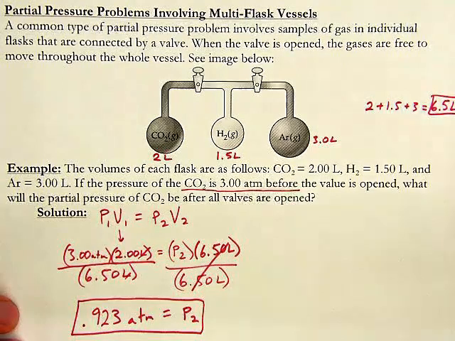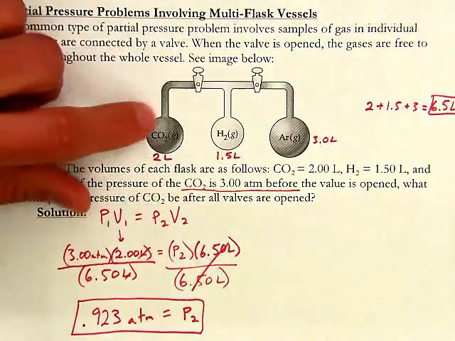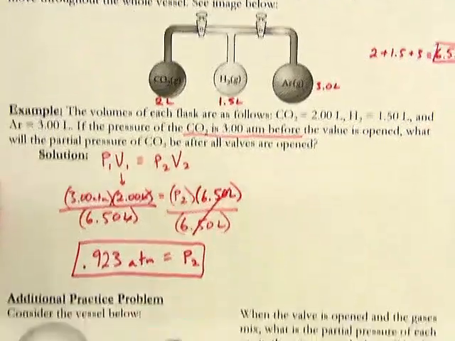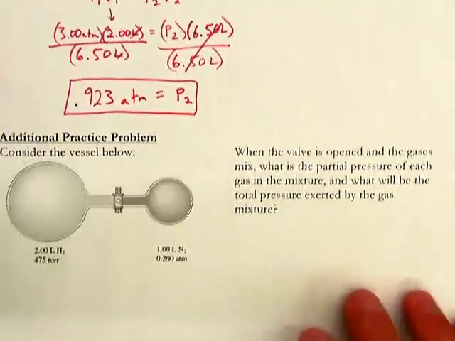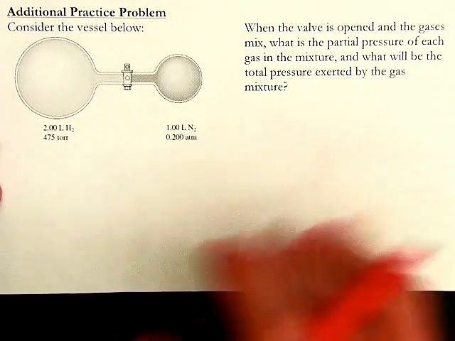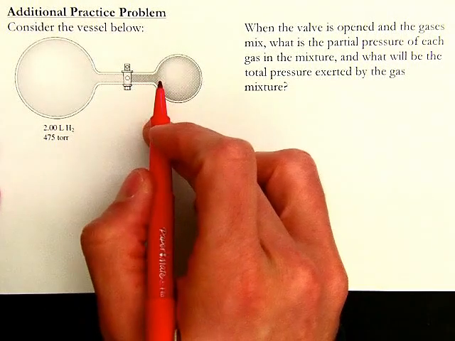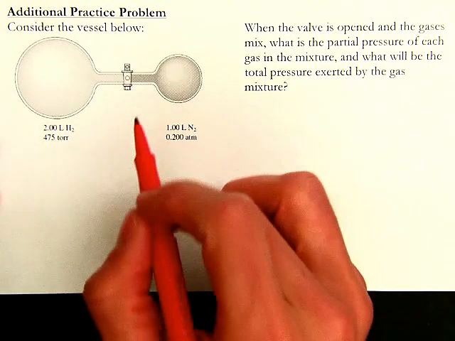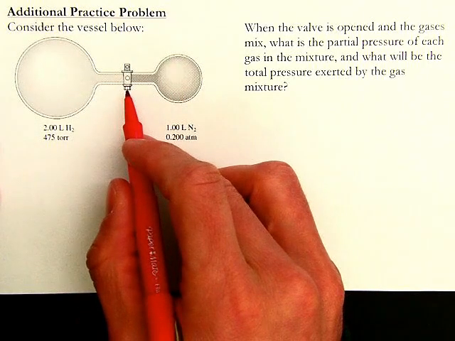Okay. So that's the pressure contributed to the total by CO2 when the valve is opened. Now we're going to do a final problem. I know this has been a long video, but this problem says, okay, we have 2 bulbs, two sides of the container, and there's a valve between them.